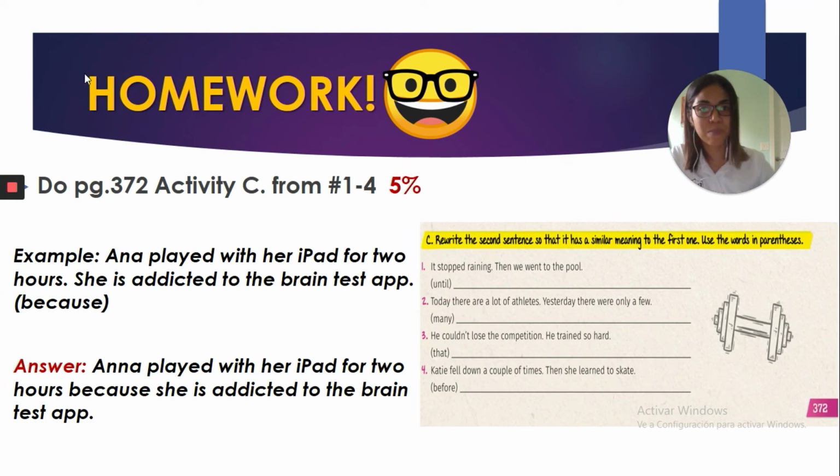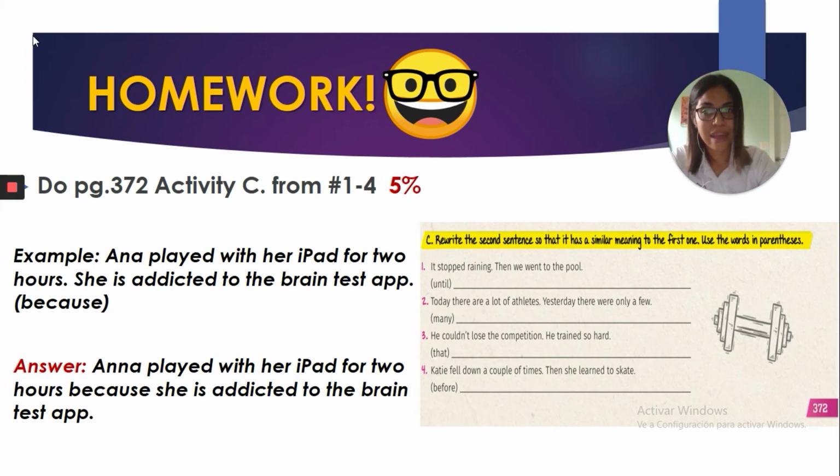In your English book, you're going to do page 372, activity C, from number 1 to number 4. Here below me in this bubble, you're going to see the picture of the activity. So those are the 4 sentences that you need to answer. Here is an example at the side of what you have to do.